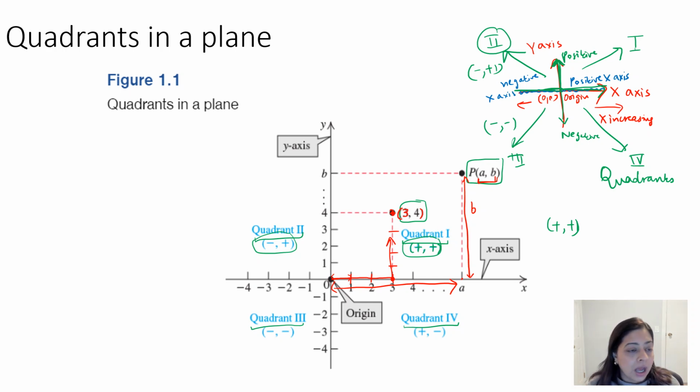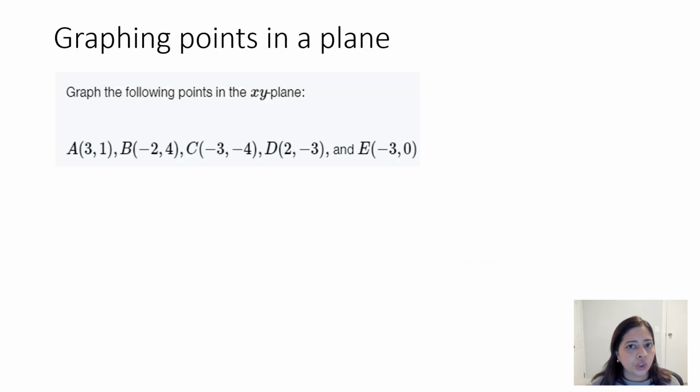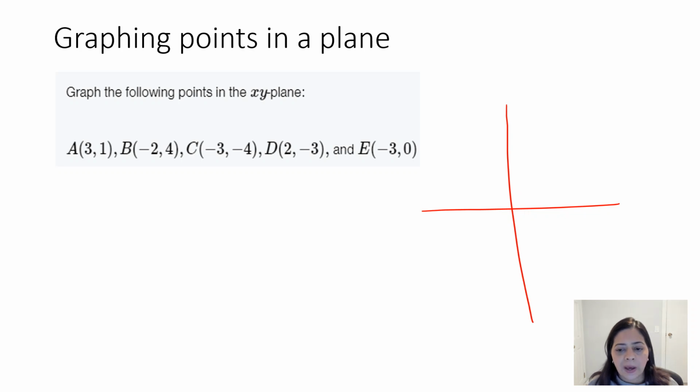Now let's move ahead to understand how you graph points in a plane. It's a simple exercise. You are given some points, and you have to just locate them in the plane. So just draw the plane, draw the 2 lines, and then look at the magnitudes. They are closer to 3, 4, so you can choose a decent 1 unit.